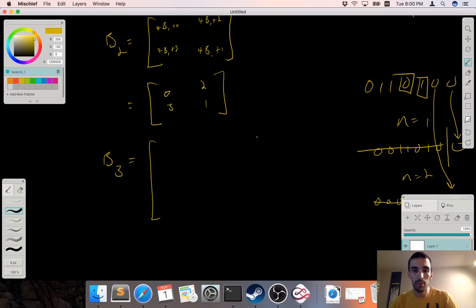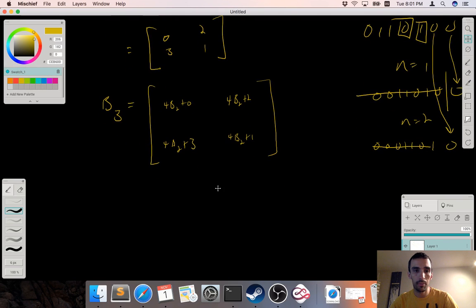Now let's do B3. So that's a 4 by 4 matrix. So this will be 4 times B2 plus 0, and 4 times B2 plus 1, and 4 times B2 plus 2, and 4 times B2 plus 3. And now let's start substituting.